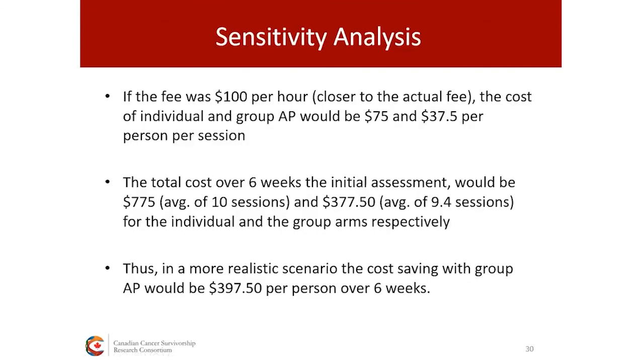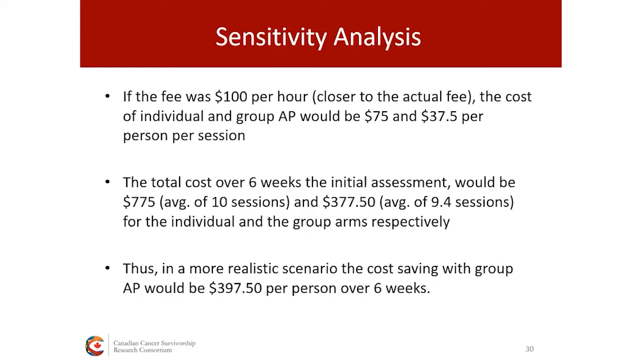We also did a sensitivity analysis, where we set the acupuncturist fee at $100 an hour, which is closer to the actual fee in the real world. The cost of individual and group acupuncture would then be about $75 and $37.50 per session. The total cost over the 6-week program would be about $775 for the 10 sessions for the individual arm and about $377 for the 9.4 average sessions for the group arm.